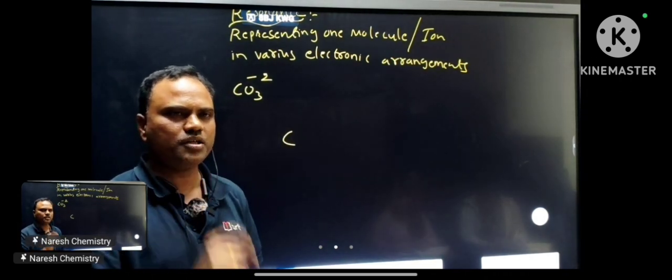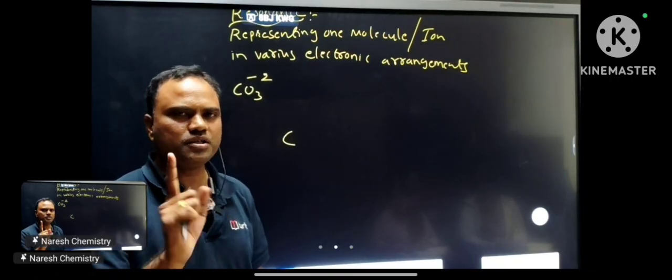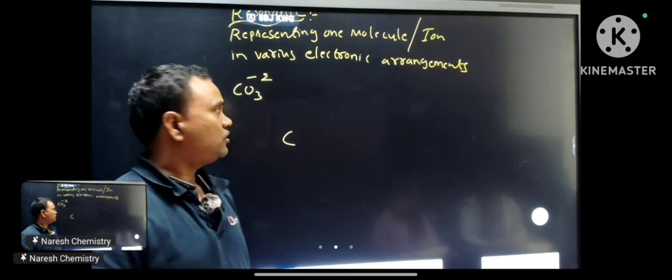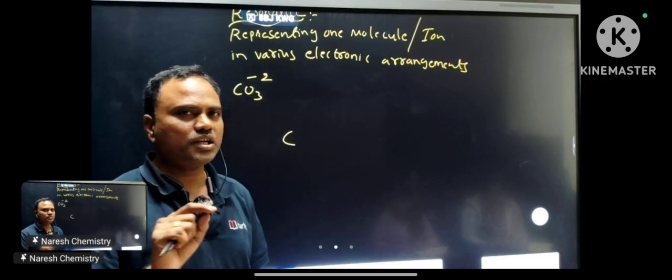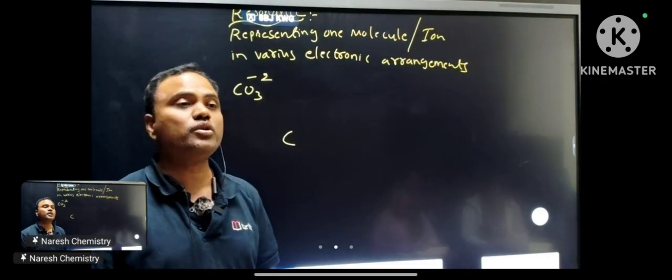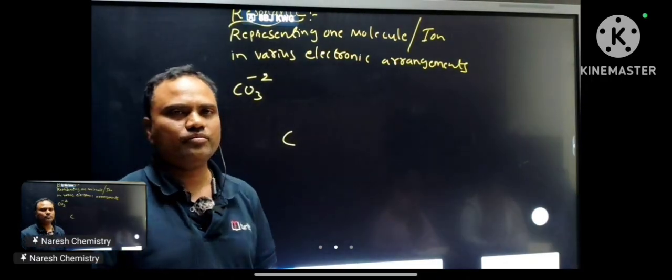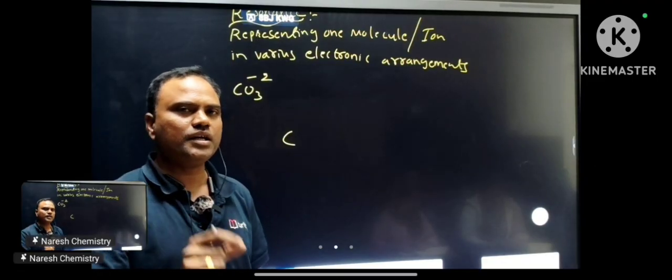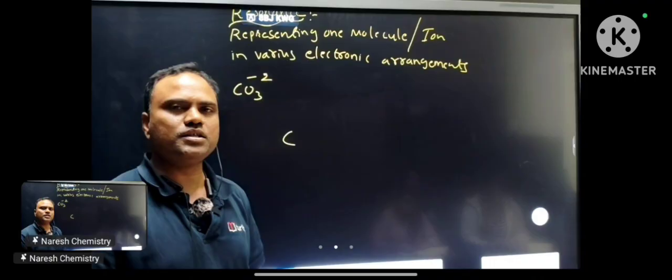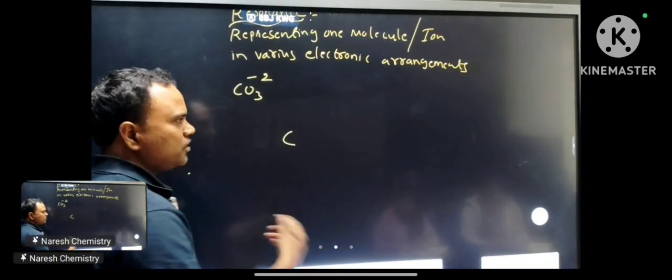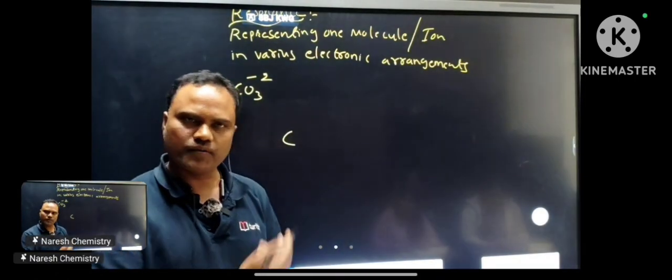Only one carbon is present. Oxygen atomicity is 3, so that is not the central atom. The atom with less atomicity or less electronegativity acts as the central atom. Remember that point. If you don't know how to draw the structures, follow this technique.